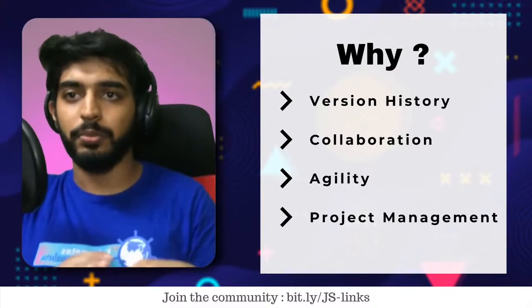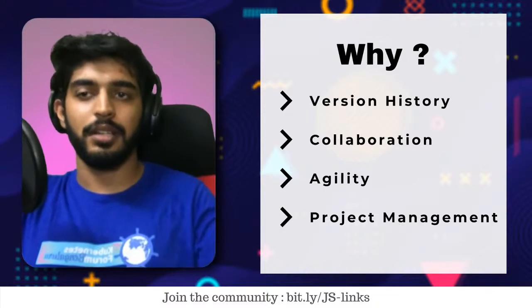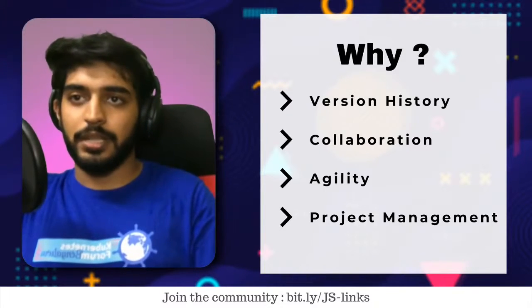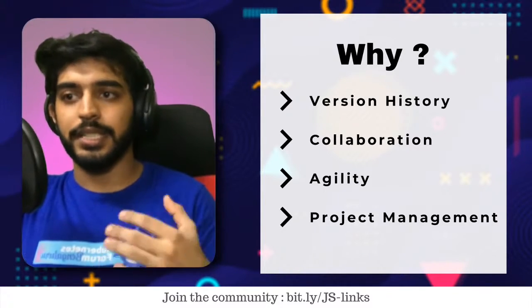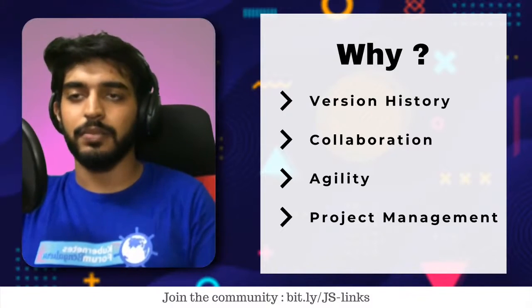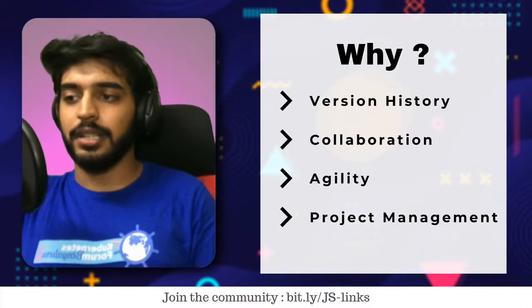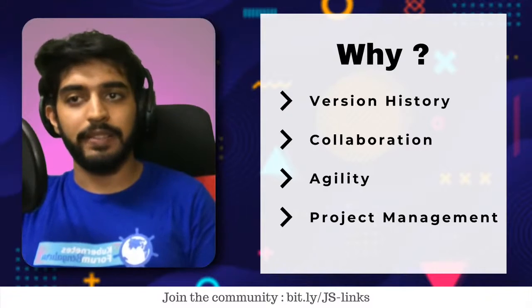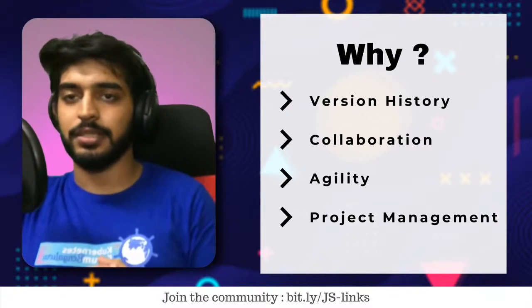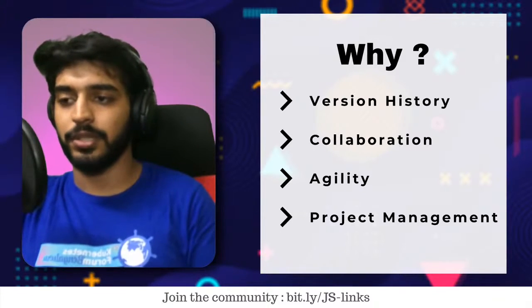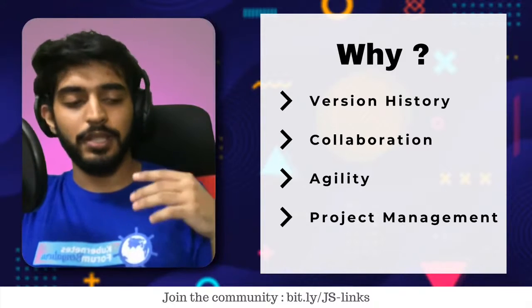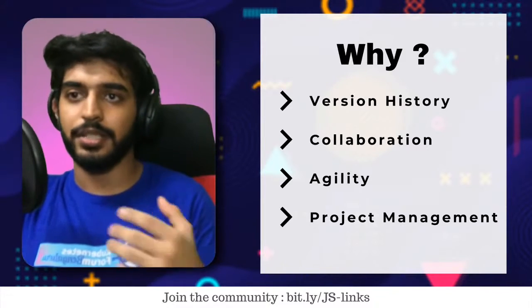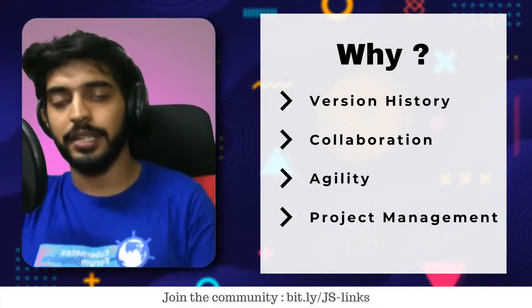I can do my own changes parallelly and then push it back. So it adds a certain degree of flexibility in collaboration, in that it makes it really convenient for developers. It really makes a lot of difference for teams as such to be able to collaborate at such a rate.